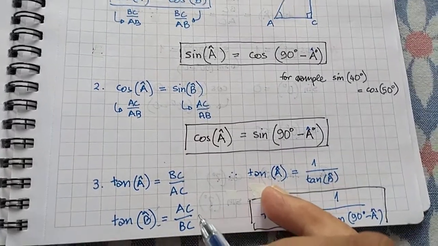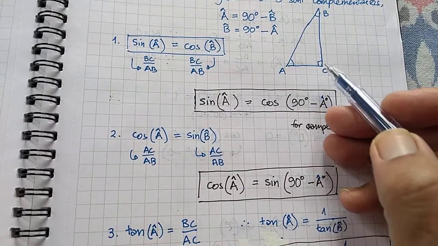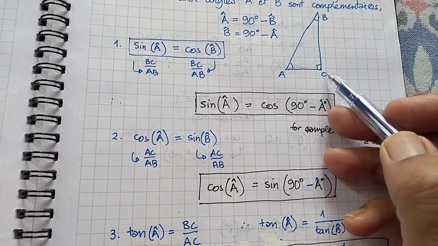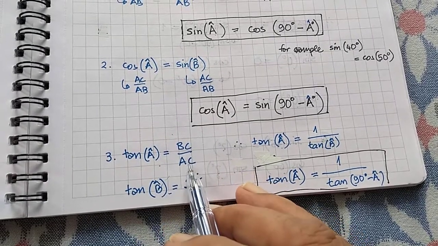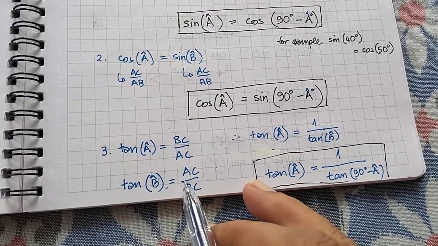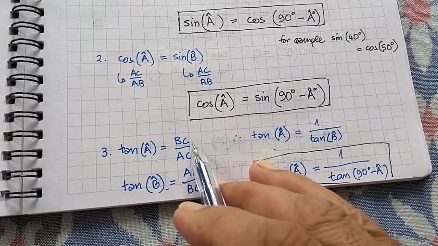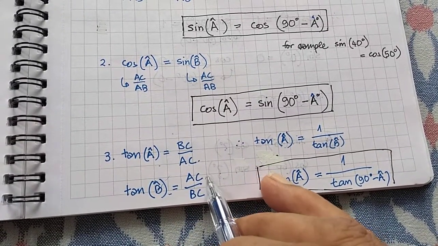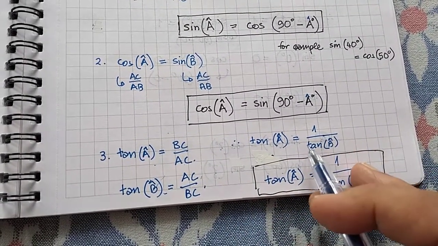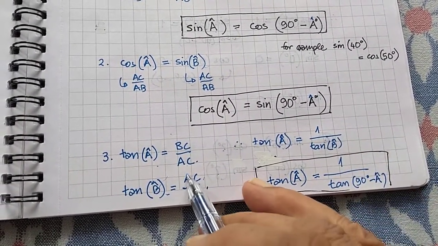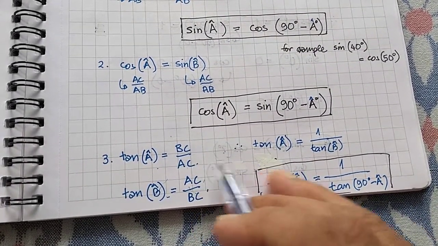Tan of B is equal to AC sur BC, côté opposé AC and côté adjacent is in this case BC. What do you see? This is BC over AC. This is AC over BC. Therefore, tan of A is equal to 1 over tan of B, because if you take the reciprocal of that, you divide 1 by this, you will get that.